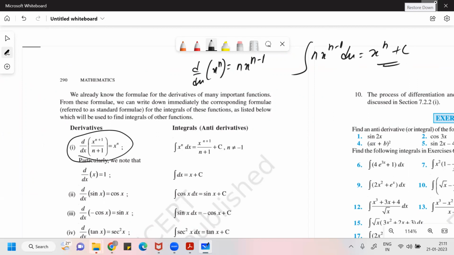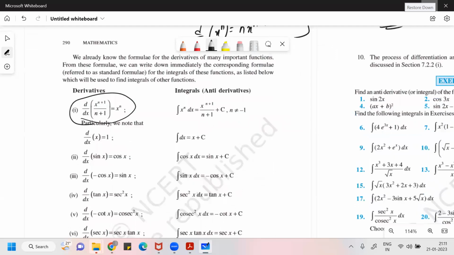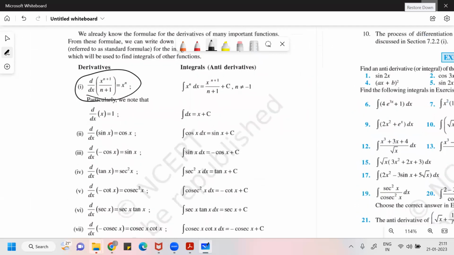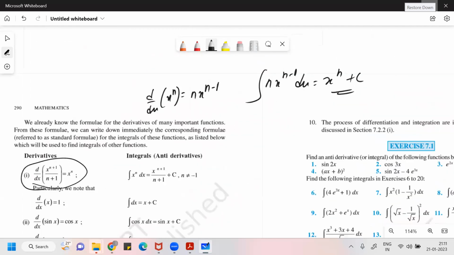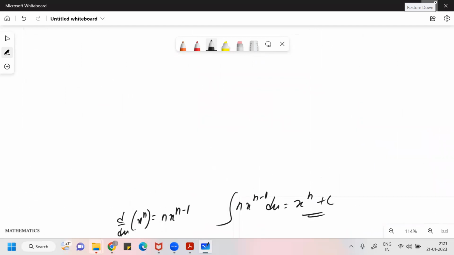This is the idea we want to communicate here. So either you understand integration as the inverse of differentiation, or you have to remember the formulas. This is a very important formula: integration of x to the power n dx is equal to x to the power n plus 1 by n plus 1, plus c.